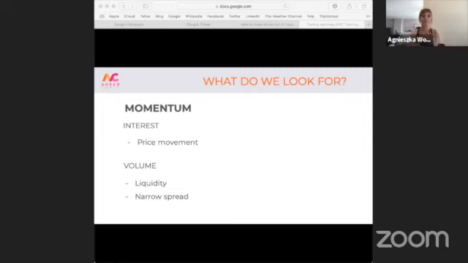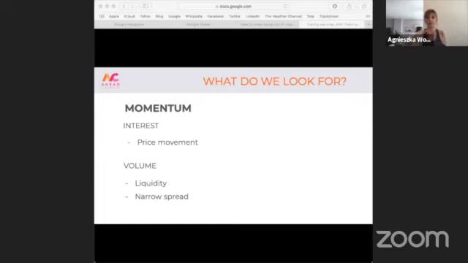So we're looking for interest, meaning demand, and the price movement, and the volume. Remember those two things, because this is how you will be looking and searching for the stocks. This is just the first thing that should be at the back of your mind when you are looking at the chart, or if there's talk about a certain company, you can just look at the chart and look at the volume and see, is there a lot of volume?